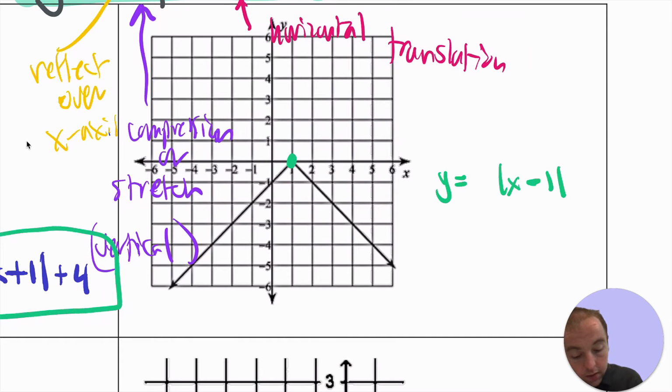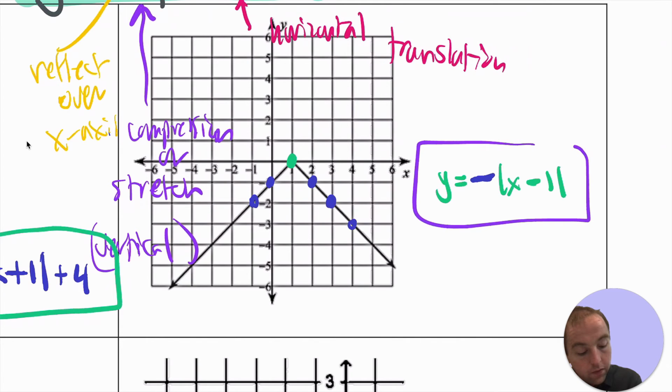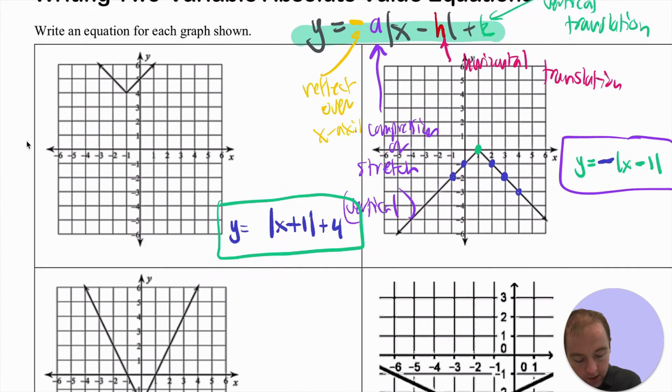And then also you'll notice that it's upside down, so we're definitely going to see some sort of a negative number that gets multiplied with the absolute value quantity. But other than that, it's just going at a slope of -1 or 1 on both sides. So it's really just like a -1 in front right there, which you don't need to write the 1, because if you just write a negative, we know that it's a -1 multiplying right there. So that gives you the finalized equation for that particular graph there.